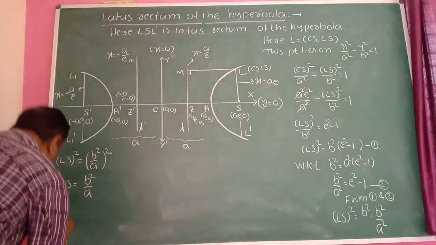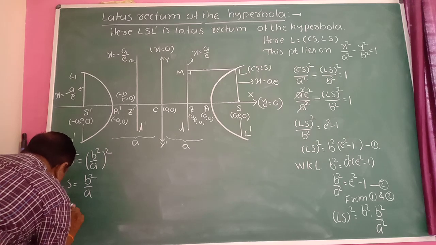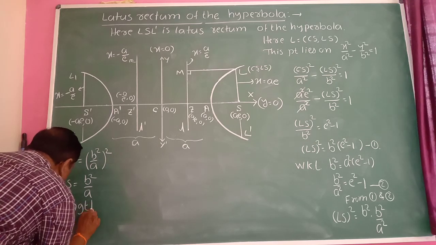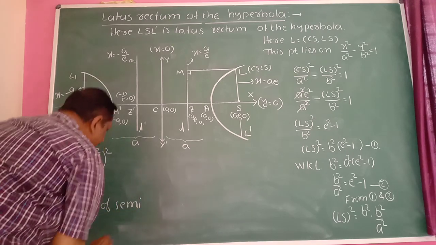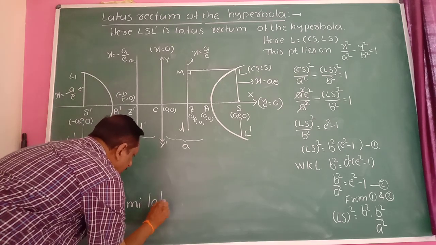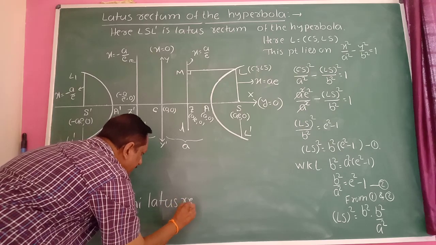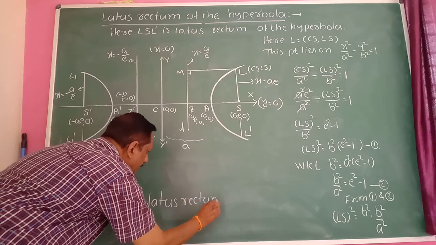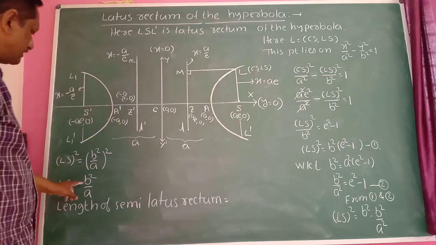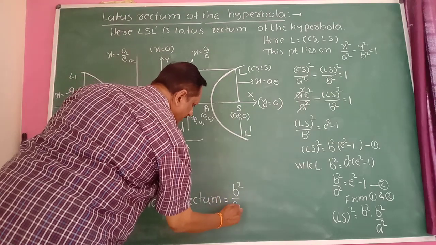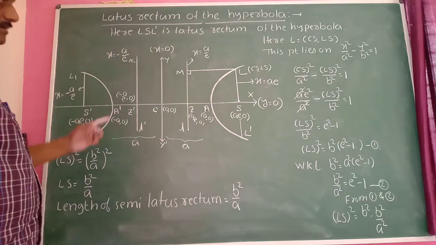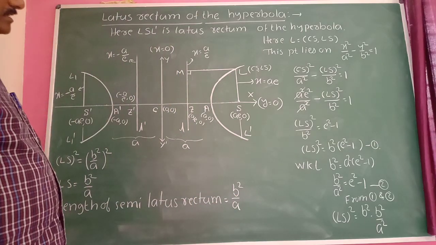So the length of semi-latus rectum is equal to b² by a. You know that the diagram is symmetrical about the x-axis.